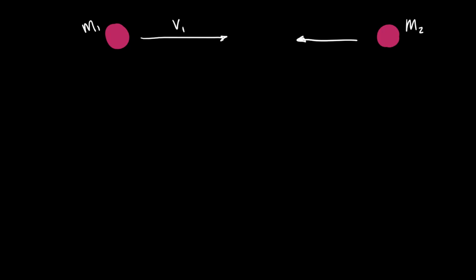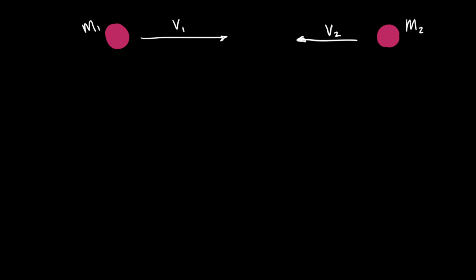So I'll have 2 chunks of clay which are moving towards each other. We'll say this one over here has a mass m1, this one over here has a mass m2, with velocities v1 and v2.